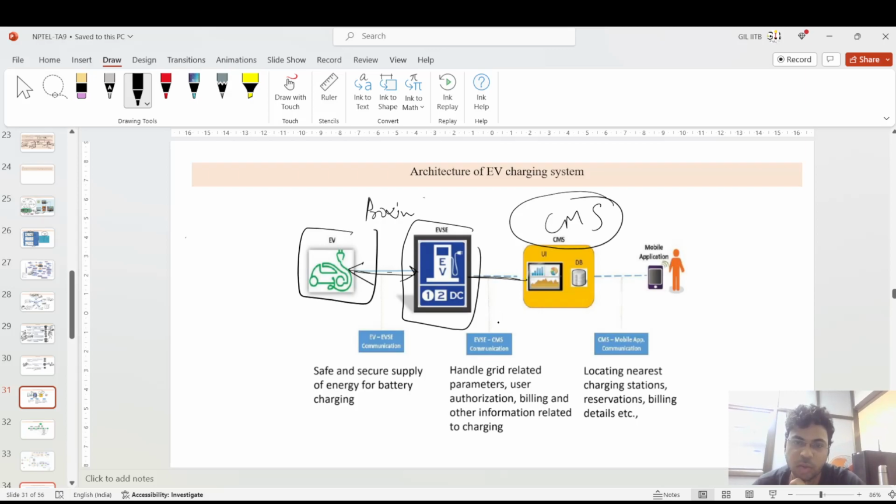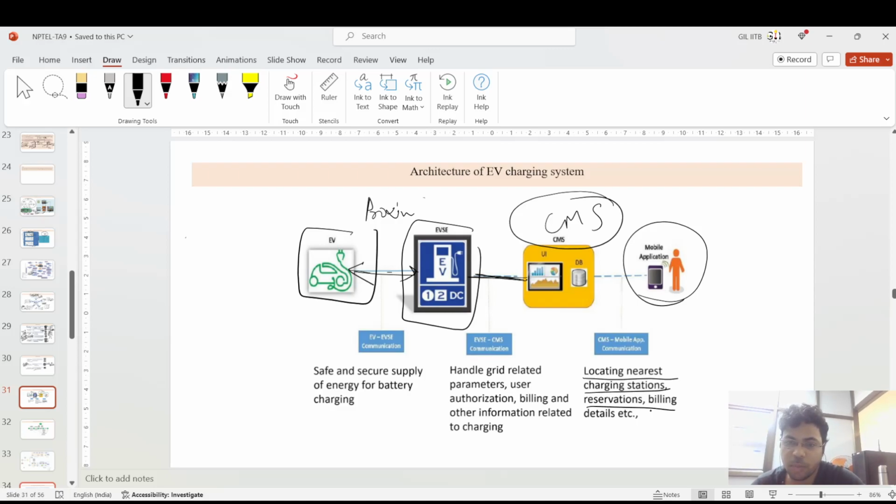And the CMS, the central management system, operates in coordination with the EVSE. There is communication between the EVSE and the CMS for checking how much power it should give, how much availability of the charger there is, at which location, and how you are going to bill and charge. That is actually handled by the CMS.